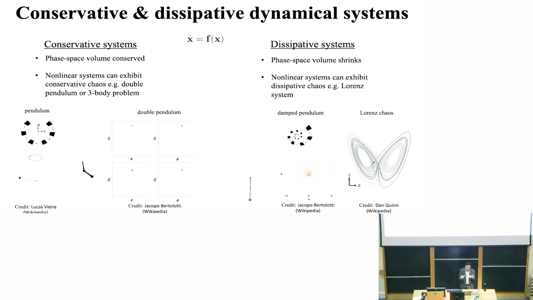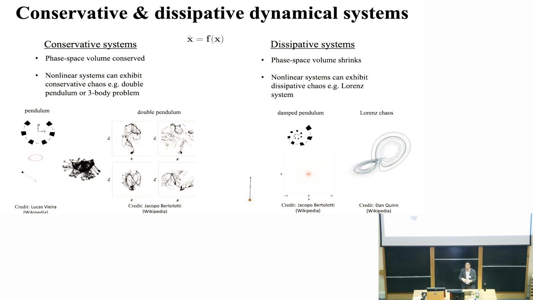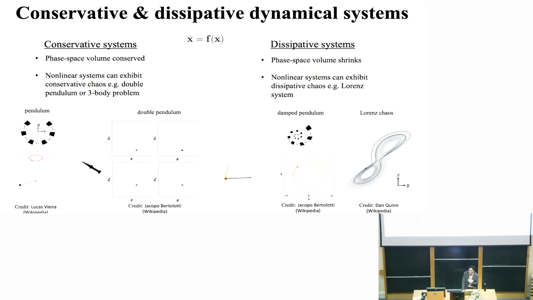So using these ideas from conservative and dissipative systems, one of the examples we'll explore today will be a conservative system and one will be a dissipative system. Usually, if you have an open system with energy injection and energy dissipation, it will fall into the category of dissipative dynamical systems.